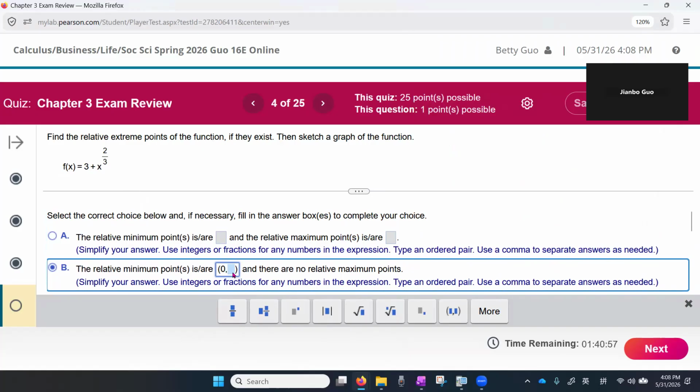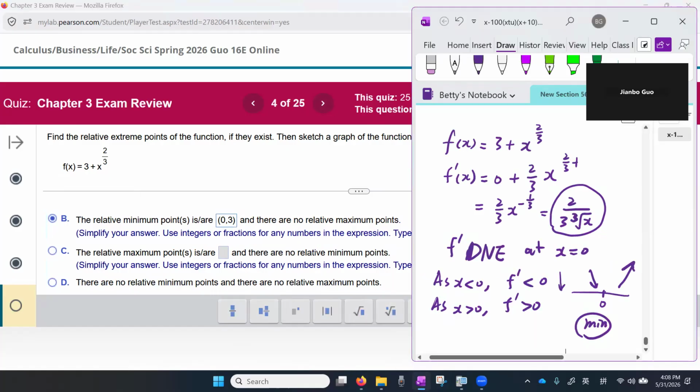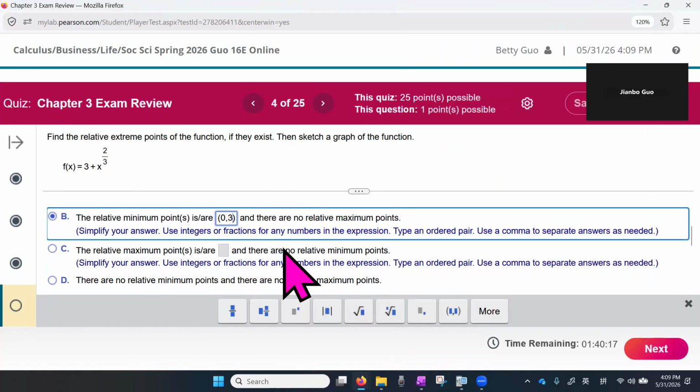When we need to find a y coordinate for the minimum point, we plug x equals 0 back into the original function f, not f prime. So when x equals 0, y equals 3. This is also the y-intercept of the function, okay? There is no relative maximum. Just double check. It has a relative minimum at 0. When x equals 0, y equals 3. So the minimum value is 3. No maximum. All right, so that's that.